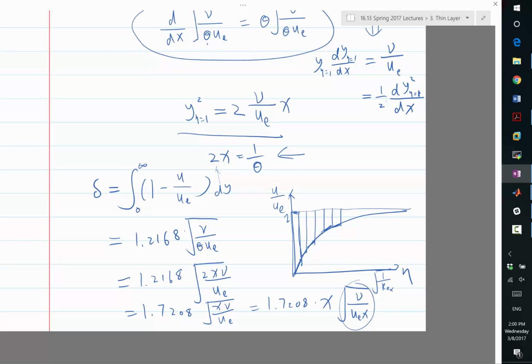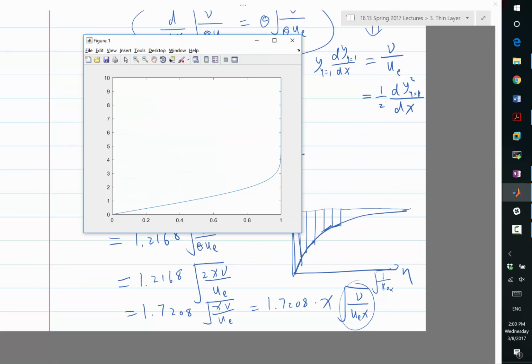Can I just look at the boundary layer plot? Yes. So the 1.2168 is the eta, which is like over here.